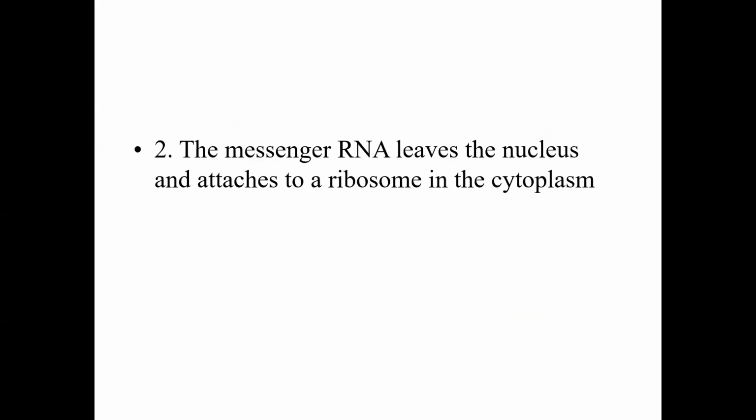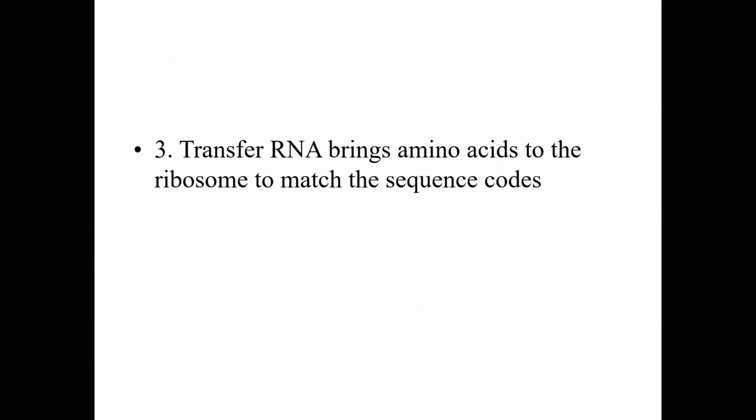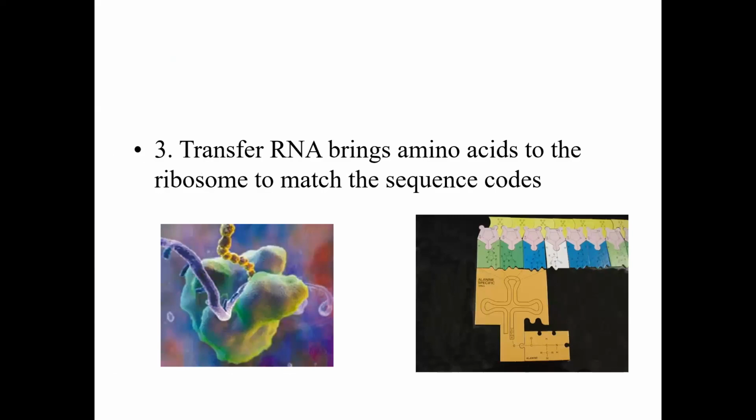Second, the messenger RNA leaves the nucleus and attaches to a ribosome in the cytoplasm, as I already mentioned. Third, transfer RNA brings amino acids to the ribosome to match the sequence codes. Here is the ribosome, the structure, on my left-hand side.